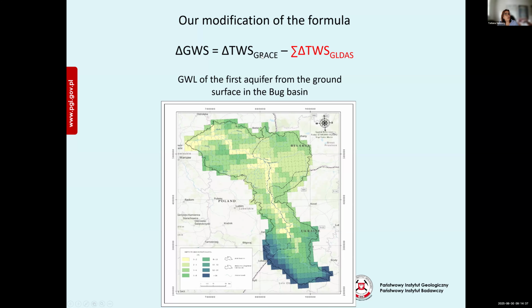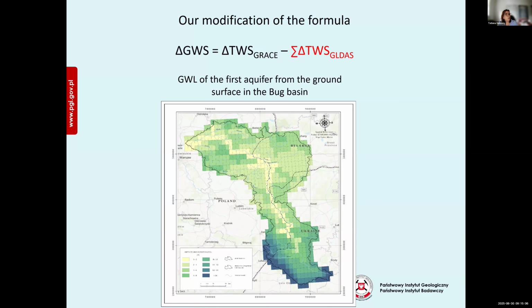Therefore, we searched for an alternative solution by testing each calculation method using a physical hydrodynamic model. We came to the conclusion that total water storage GLDAS should account for the long-term accumulation of precipitation and evapotranspiration effects in the water zone.